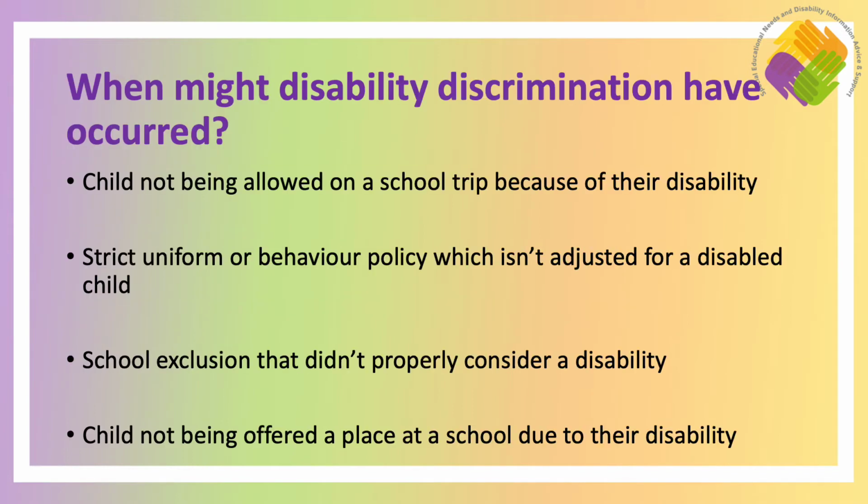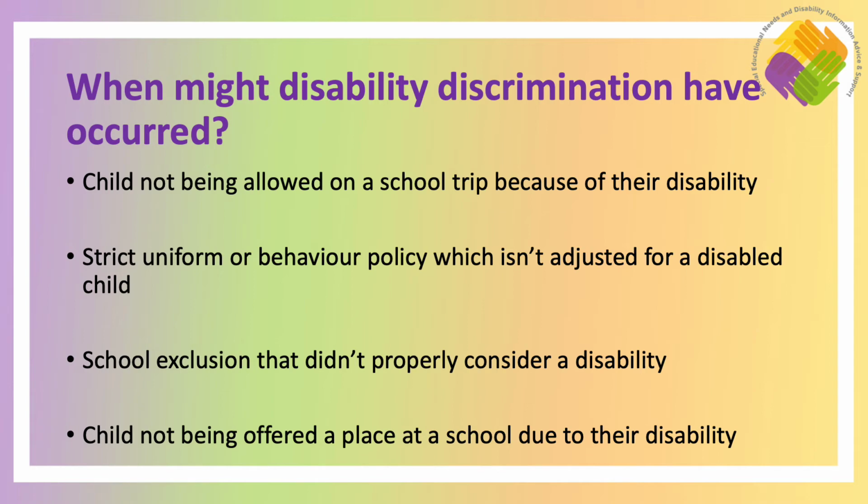This slide gives you some examples of when disability discrimination might have occurred, and we've had scenarios similar to this on our helplines when we've been contacted by parents or by children and young people. So we're thinking about disability discrimination in the context of a school, a nursery or a college, but as I mentioned, the Equality Act does actually apply in situations wider than that. But here's some examples.